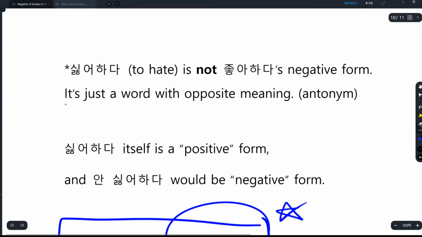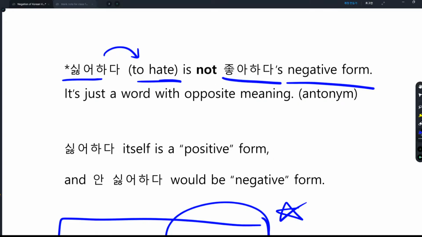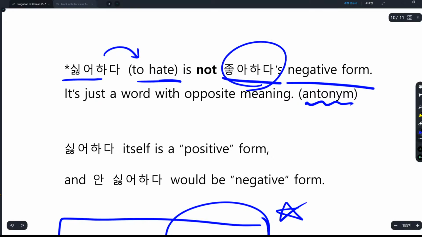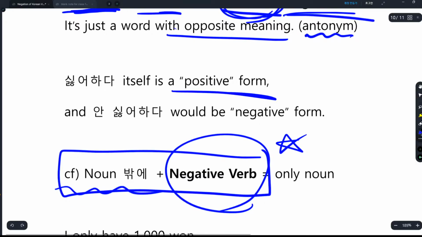So 싫어하다, guys. 싫어하다 is a verb that means to hate. But this is not 좋아하다's negative form, grammatically speaking. It could be considered an antonym of 좋아하다 because it's a word with opposite meaning, but grammatically speaking, 싫어하다 is not 좋아하다's negative form. 싫어하다 itself is a positive form, guys.